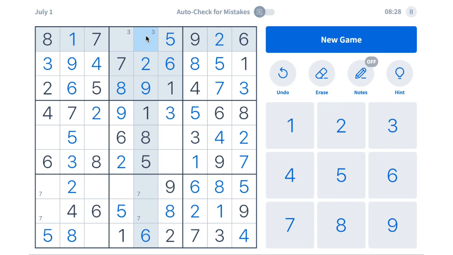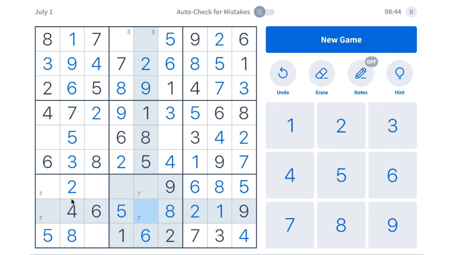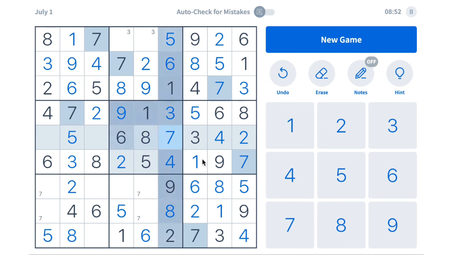We also need a 4. Well, let's see if we can solve this with a 4. Then, maybe this is going to be a bit harder than I thought, no, I don't think so.